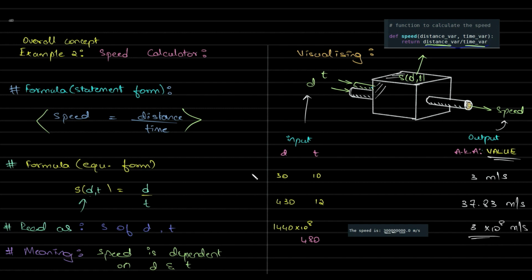Do you recognize this value? This is the speed of light. These values are nothing but the distance between the earth and the sun, and this is the number of seconds it takes for light to reach us.